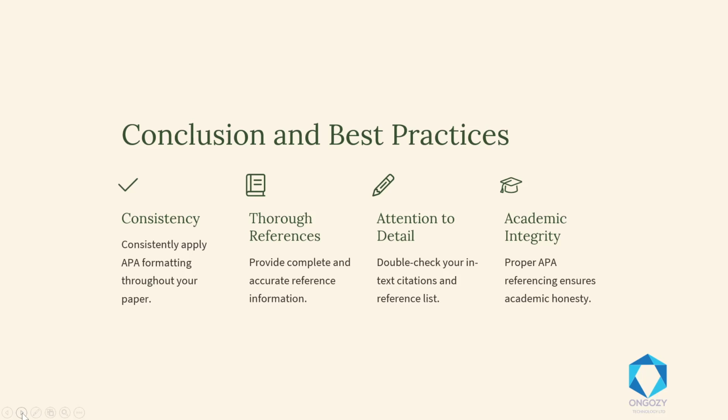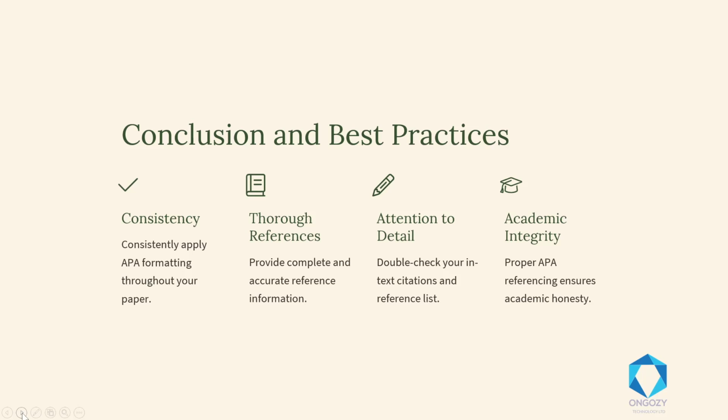In conclusion, what are you supposed to do when you are using APA referencing? Number 1, make sure you are consistent. Consistently apply that style of formatting throughout your paper. Number 2, have thorough references. Provide complete and accurate reference information. Have a very complete reference list.